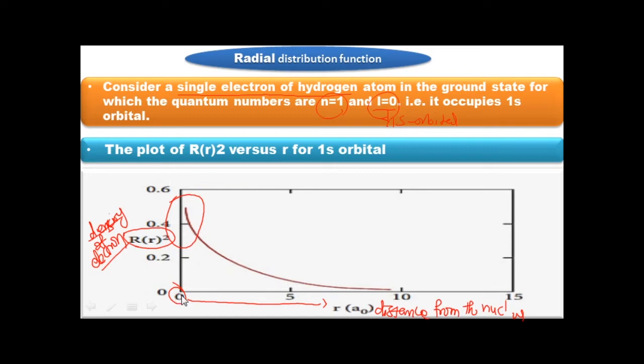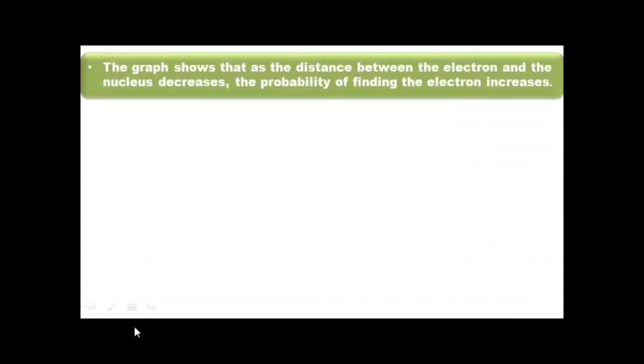So if the distance is very minimal, the probability density is maximum. Here we can see the maximum number of electrons. This is already explained.